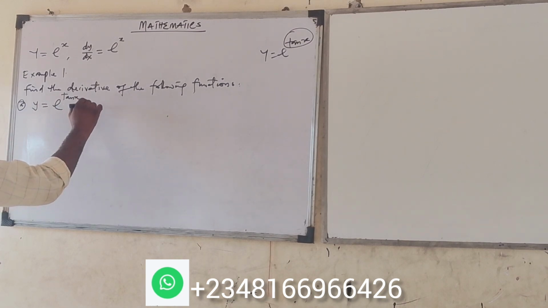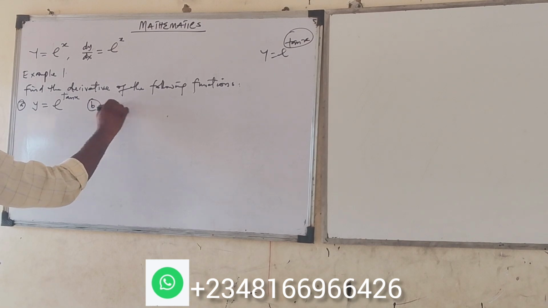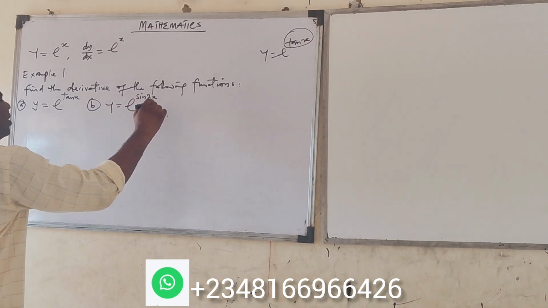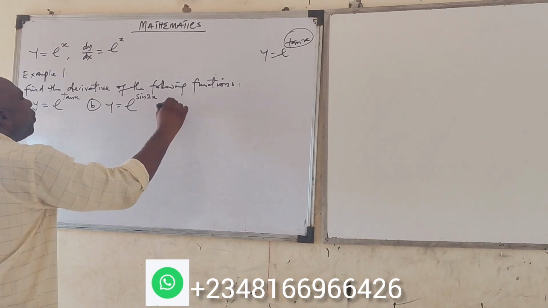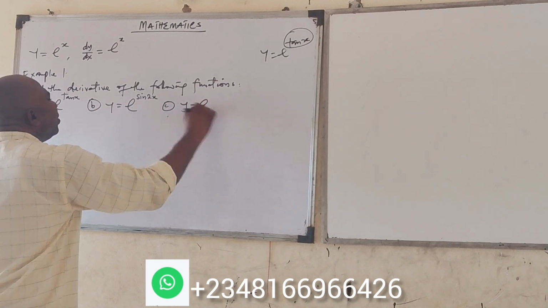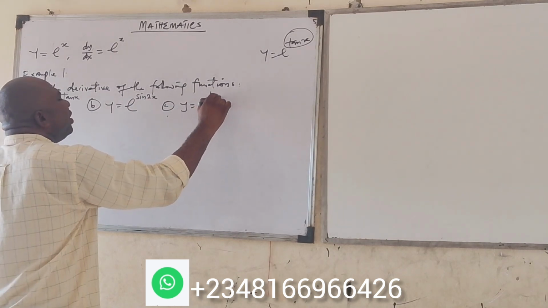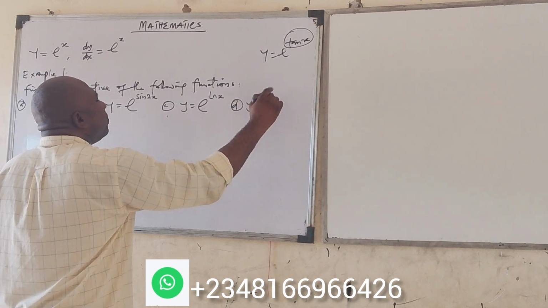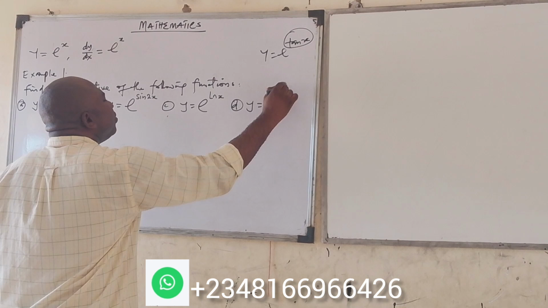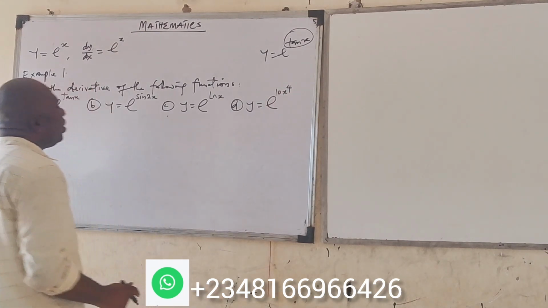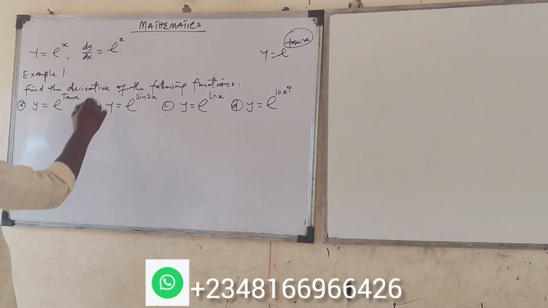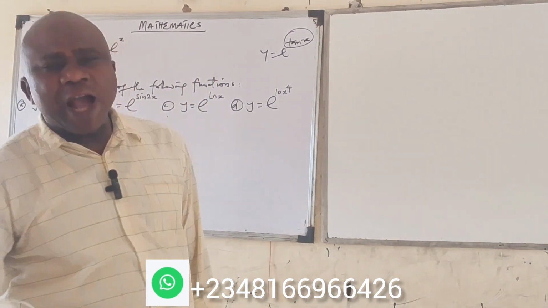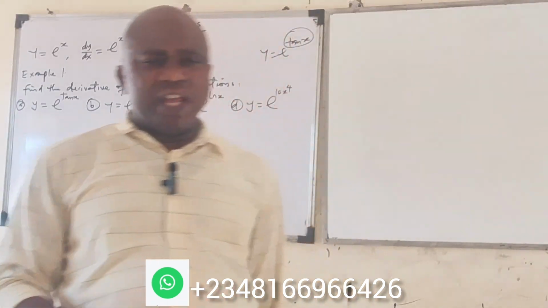B, we have y is equal to e raised to the power of sine 2x. C, we have y is equal to e raised to the power of ln x. D, we have y is equal to e raised to the power of 10x raised to the power of 4. So here we have to find the derivative. Finding the derivative means finding dy/dx, that's changing y over changing x.